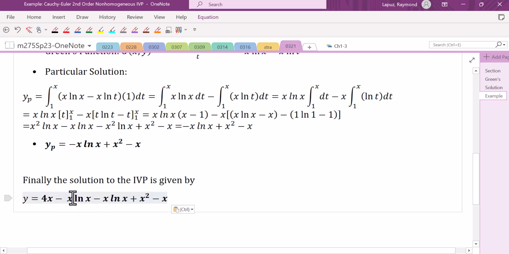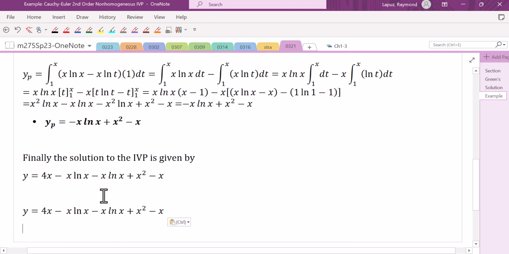Okay, it looks like these two are the same, so I think we can combine them. They're both negative, so that's going to end up being a negative 2. So let's just rewrite everything over again, and just call this a negative 2. And this is it.